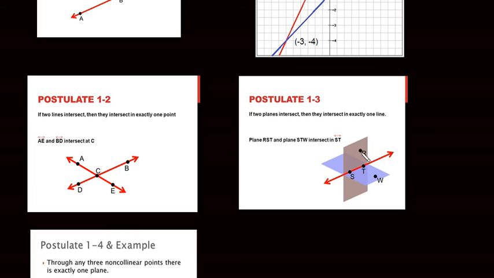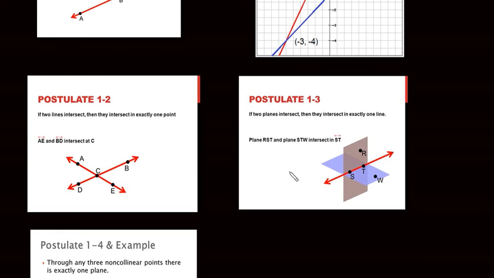Yes, these are collinear, but this one is not, so it makes them all non-collinear points to name that plane. That's why it's named RST. And plane STW intersects at line ST. That's all it is. Pretty simple. Just need to remember these.